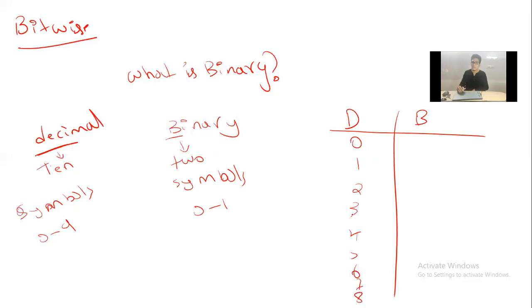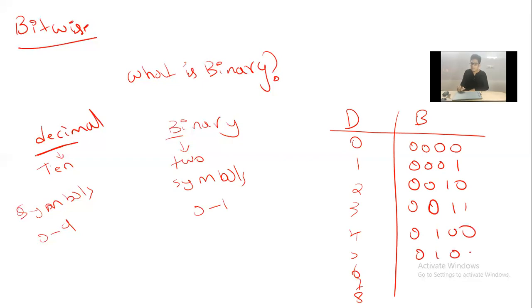In binary, 0 is written as 0000, 1 is 0001, 2 is 0010, and it continues like this. 6 is 0110, 7 is 0111, 8 is 1000. So this is how decimal to binary looks.